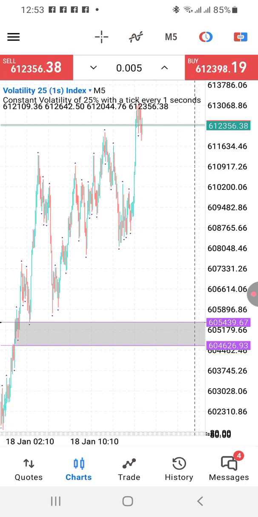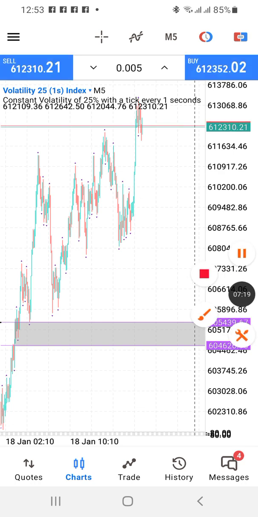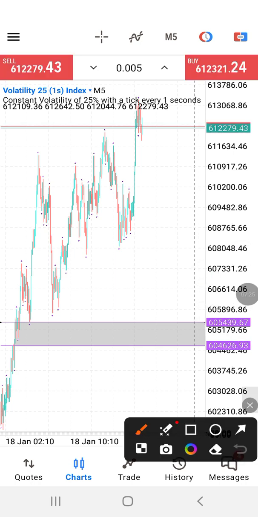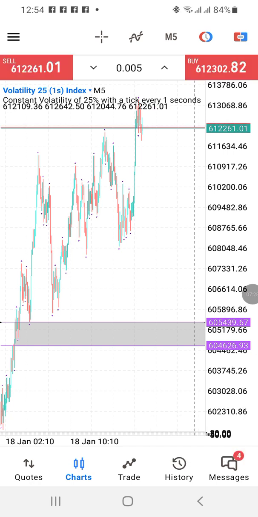When price comes down into the zone, we want to see a drop base drop. Once we see it, we zone off the last or second to last base candle inside the pattern of the drop base drop.